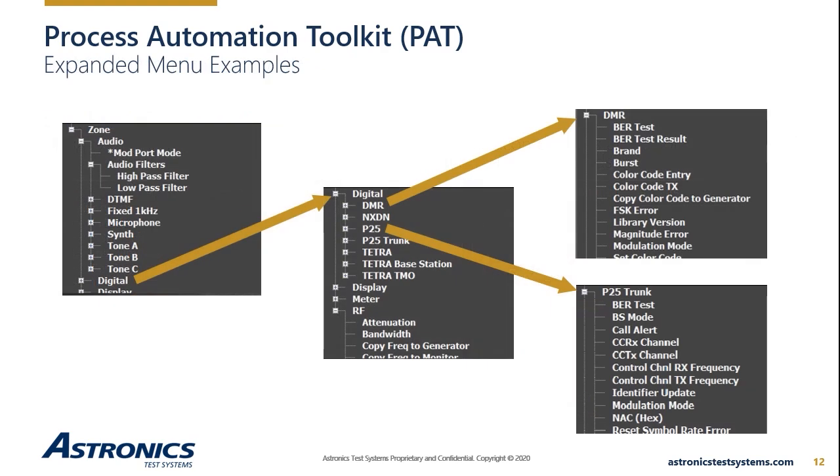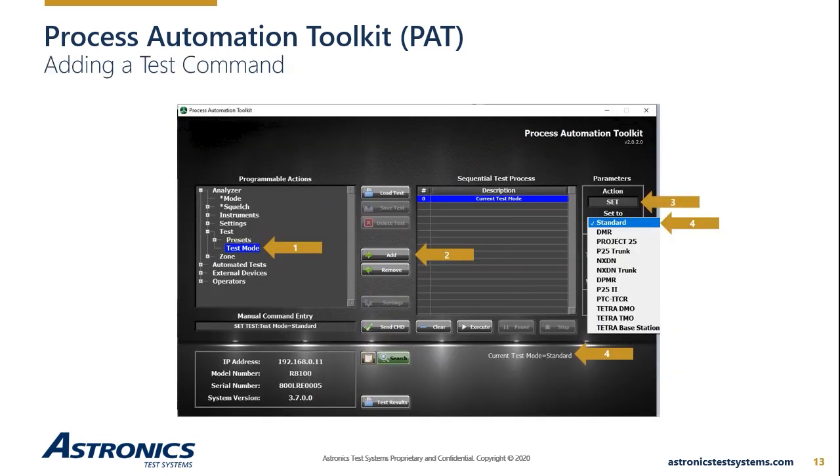Here are some examples of the PAT structure that show several of the menus expanded and showing the familiar legends that are to be found on the R8000 in a manual mode. Looking at these reinforces the simplicity of the PAT interface and the ease of writing test scripts for non-programming engineers and technicians.